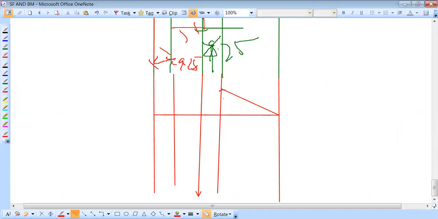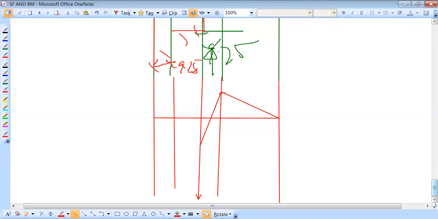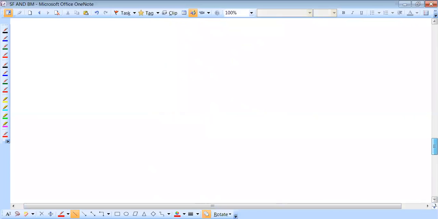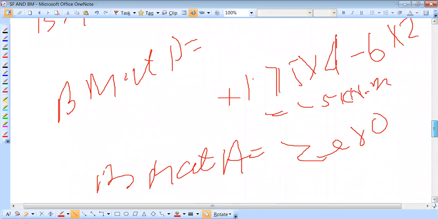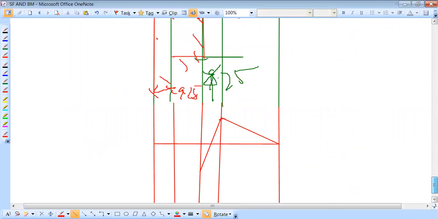And again draw the straight line from here to here. Then the value of BM at this point is equal to 0. Also 0.